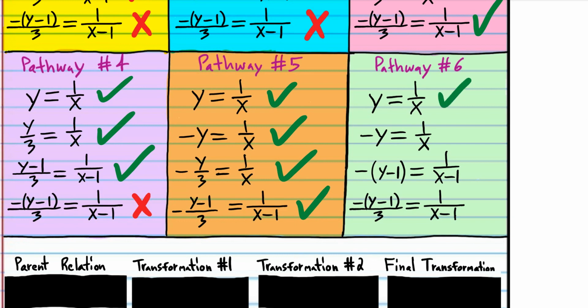We have our parent equation. We're replacing y with negative y. That tells us to reflect across the x-axis. Then we're going to replace y with y minus 1 and x with x minus 1. That tells us to move to the right 1 and up 1. But then we're going to divide all of this by 3. Well, the transformation properties don't tell us what to do in that situation.